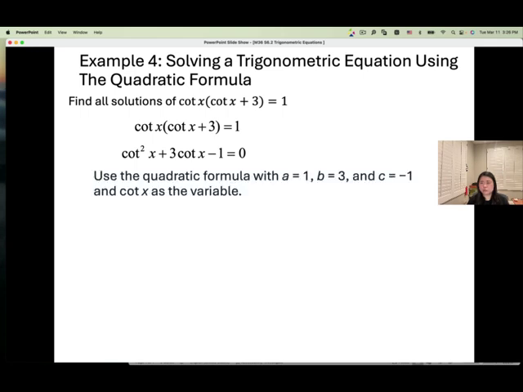So try to use the quadratic formula. Remember that negative b plus or minus square root of b squared minus 4ac, over 2a. Remember that quadratic formula. Plug it in. Try and tell me what you guys get.